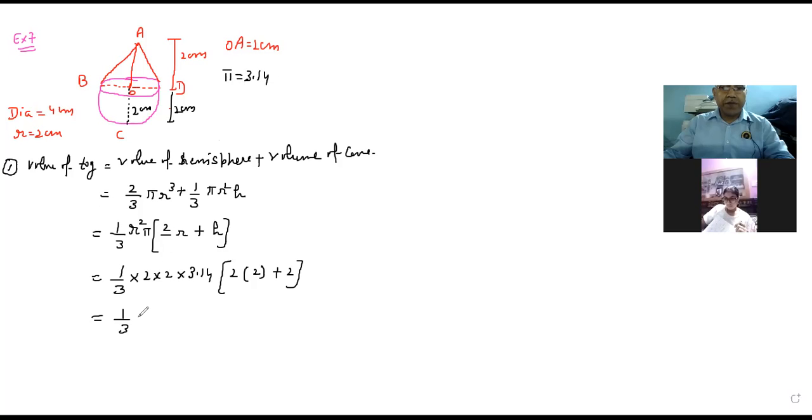So this is 1 by 3, 4 into 3.14 into 2 into 2, 4, 4, 4 plus 2, 6. So this is equal to 4 into 2, 8 into 3.14. This is 25.12.